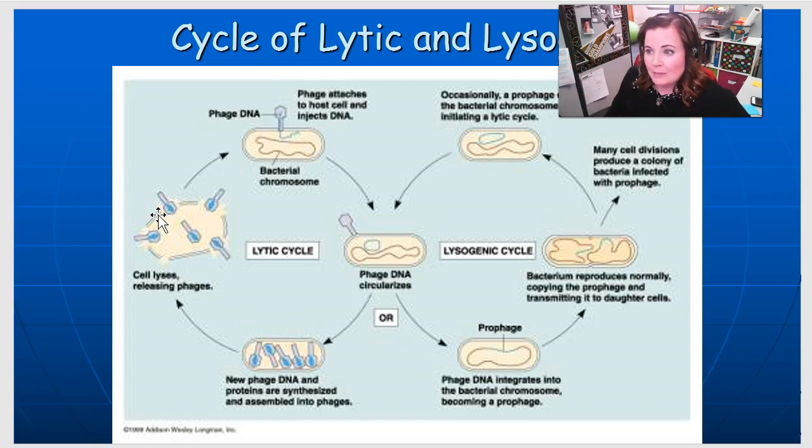An example of a virus that uses the lytic or the lysogenic cycle would be the herpes zoster virus. If any of you know anybody or have yourself been infected with shingles, shingles actually occurs because you were one time infected with the varicella zoster virus, which is for chicken pox, right?